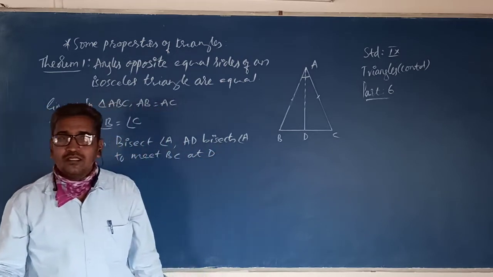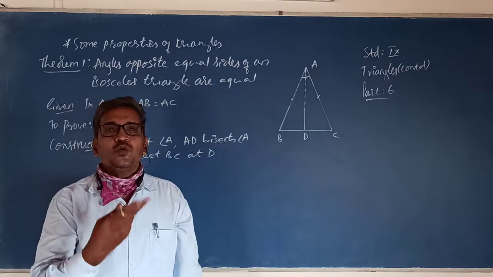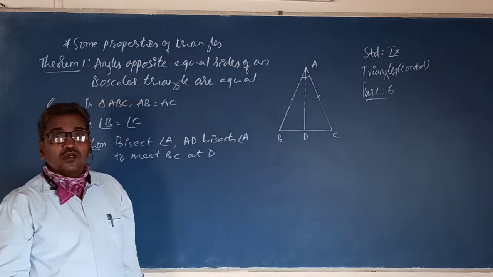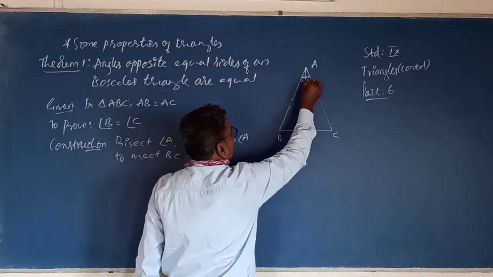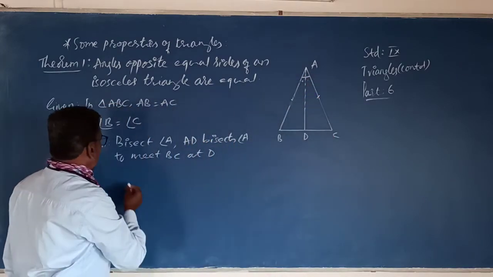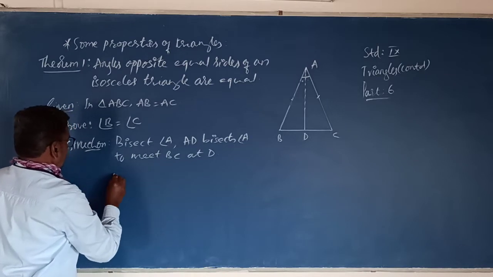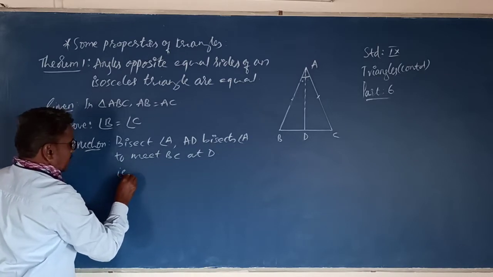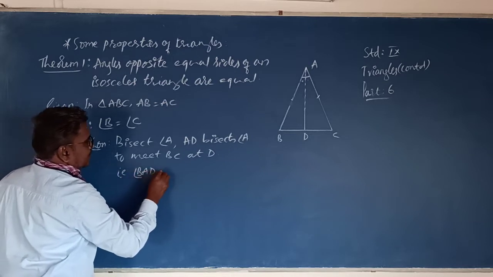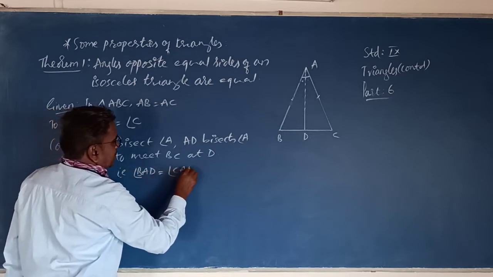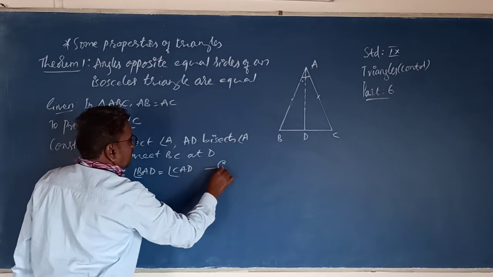In this case we are having two triangles. Bisecting means these two angles are equal. That is, angle BAD is equal to angle CAD. This is equation number 1.